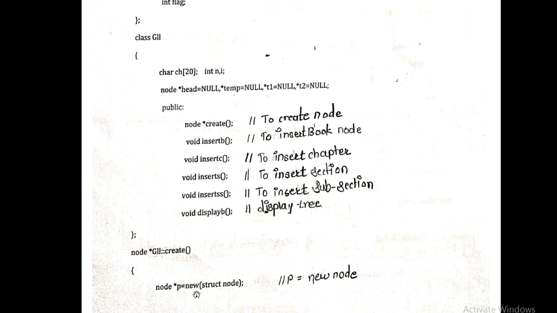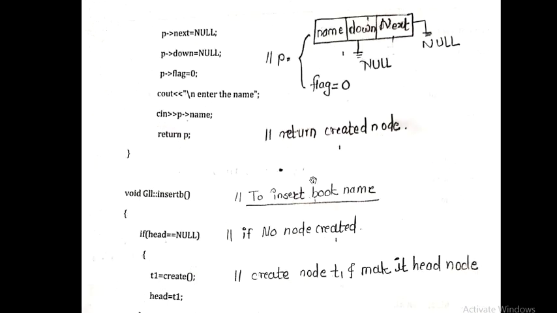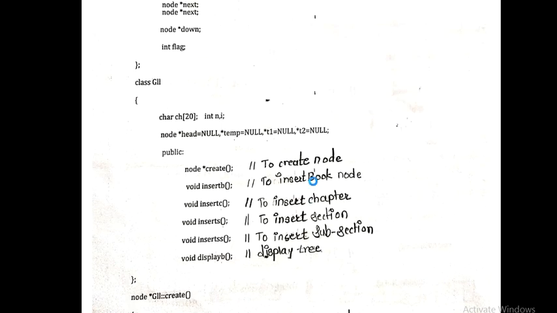So we are calling this new function here to create a new node. We are giving the name P to that new node, which is a node pointer type, and it will be created as a structure node, according to the defined struct.